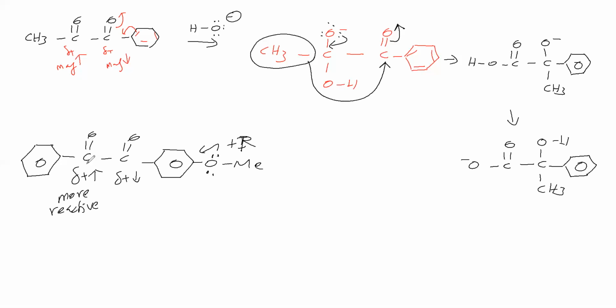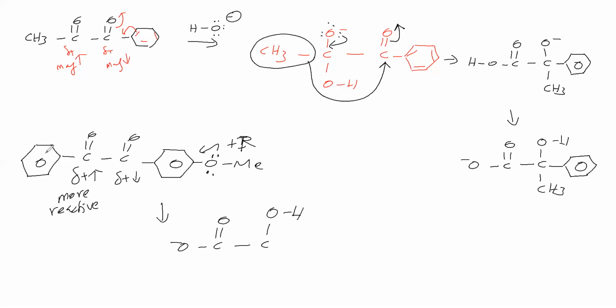So OH minus will attack this. Therefore this carbonyl group will become a carboxylate anion. Then this phenyl ring will shift to this carbon. This phenyl ring takes this bond and shifts to this carbon as a phenylide shift. This O becomes OH. This C double bond O becomes C single bond OH.